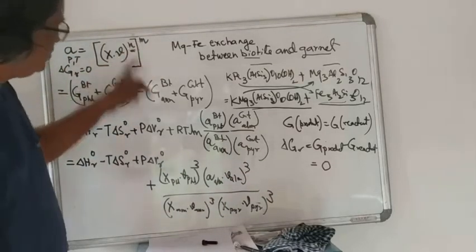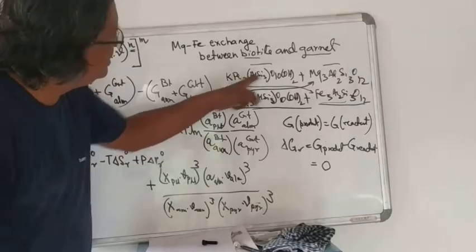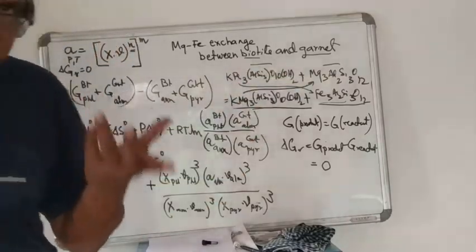Why not to the power 3 to the power 1? Because the stoichiometric coefficient is 1 in all cases.